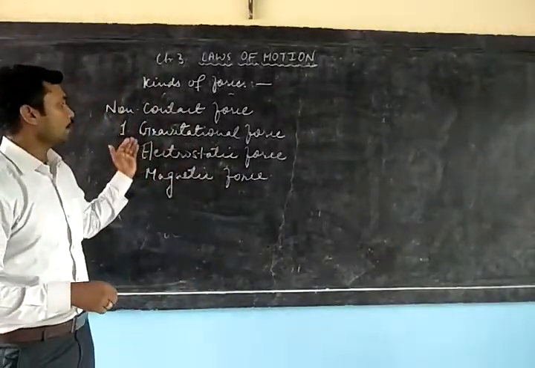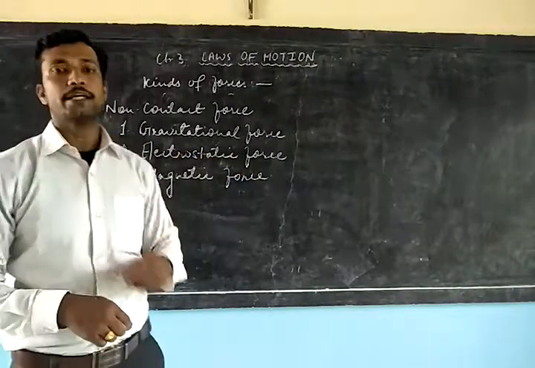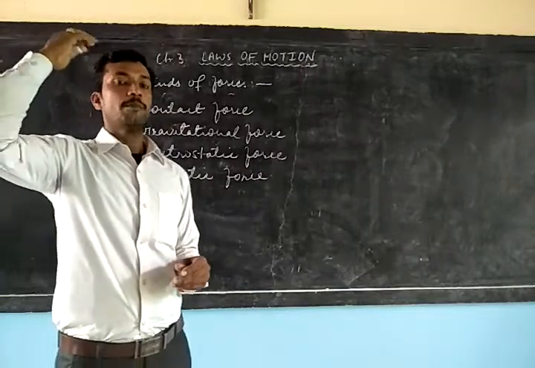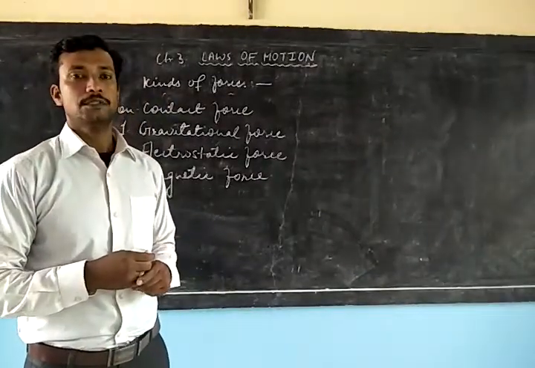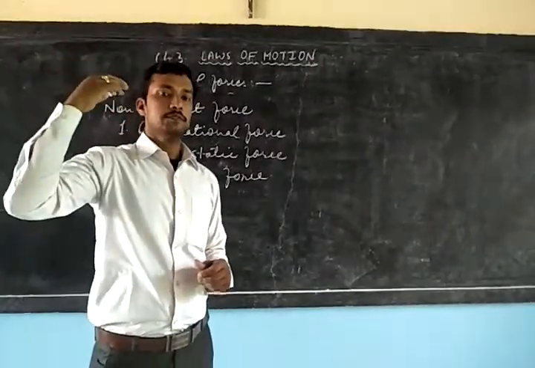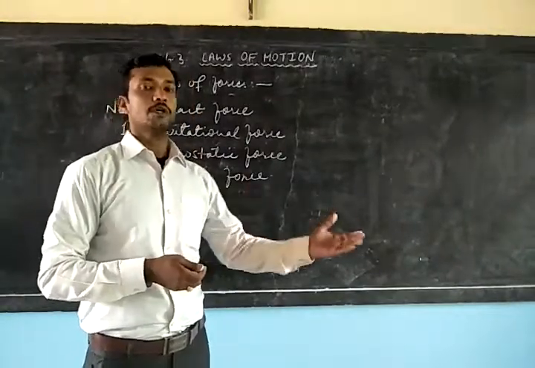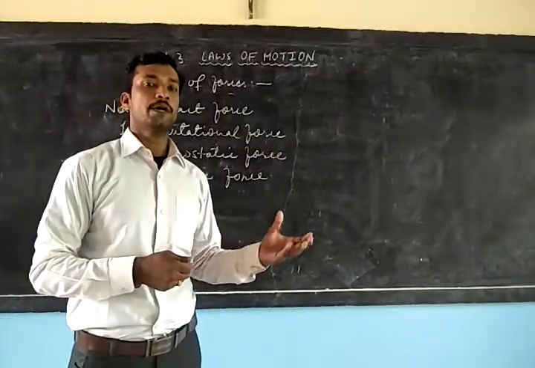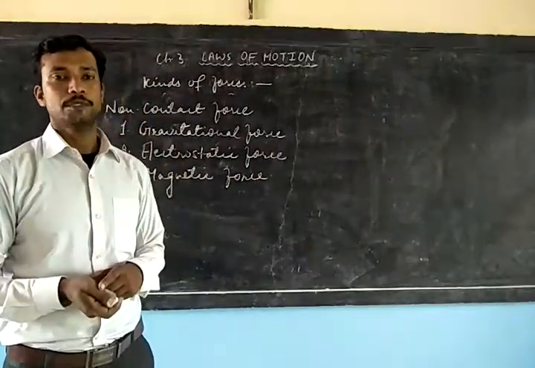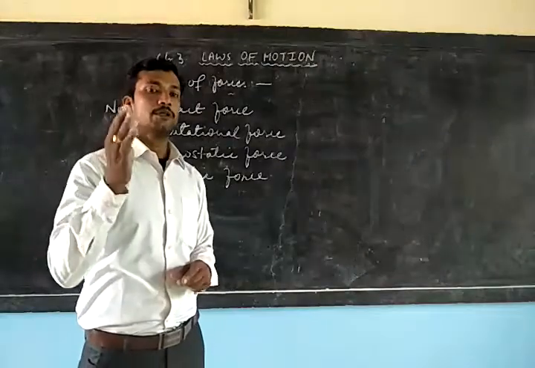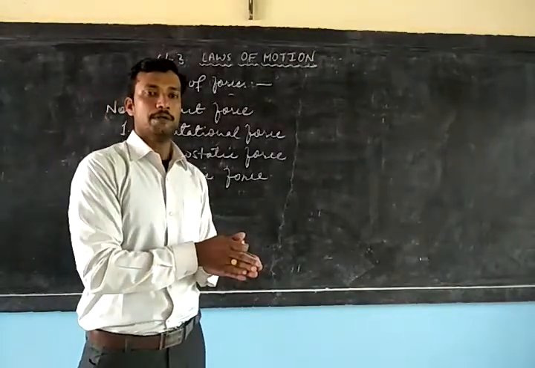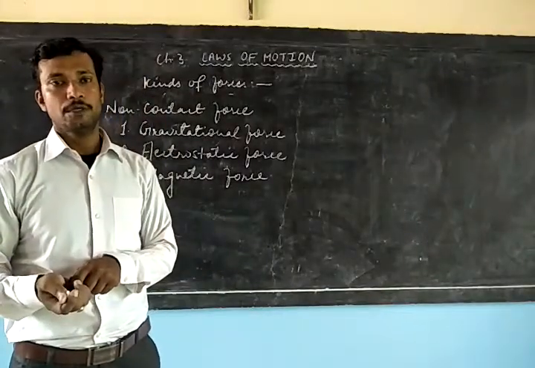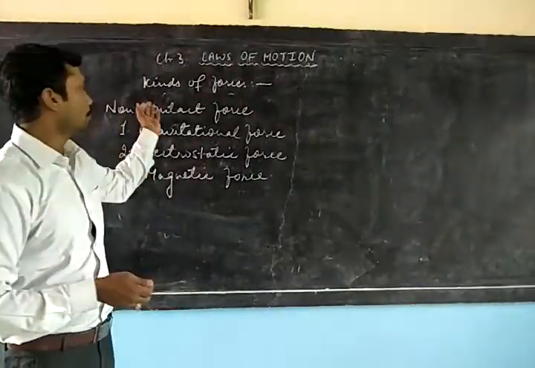Another example of non-contact force is electrostatic force. For example, when you rub a comb against your hair and bring that comb close to bits of paper, those small bits of paper are attracted towards the comb. Even though the comb is not in physical contact with the paper, the paper is attracted towards the comb, which is an example of non-contact force.